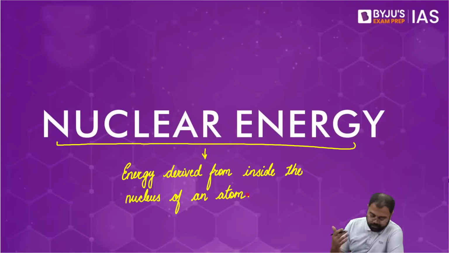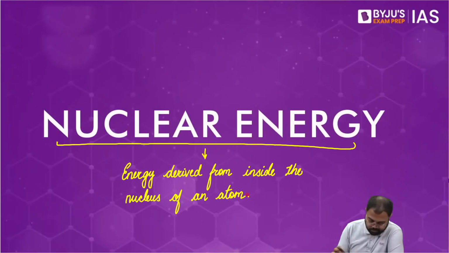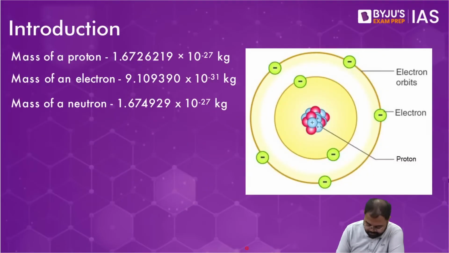Now, when we are saying nucleus, let's also try to understand what we mean by nucleus. So let me just draw a picture and show you instead of these diagrams. Here you see electrons, protons, and neutrons, and all these are a part of the atom.